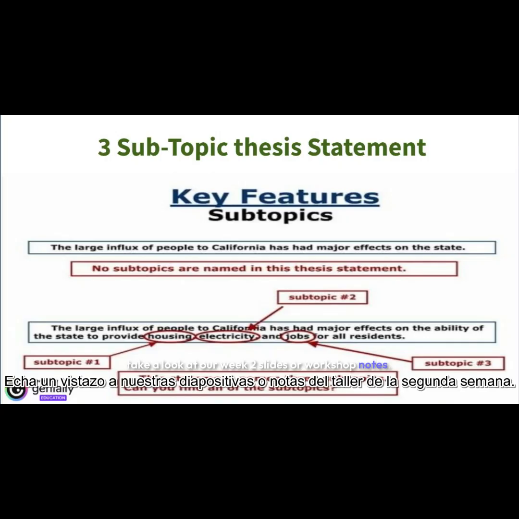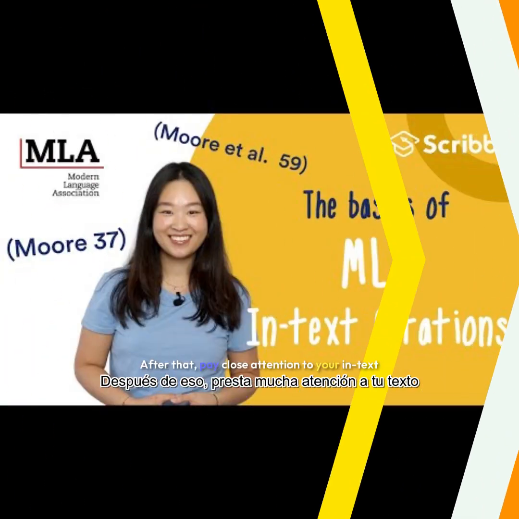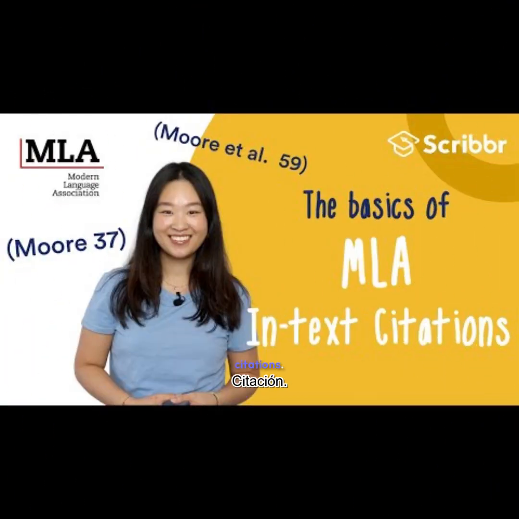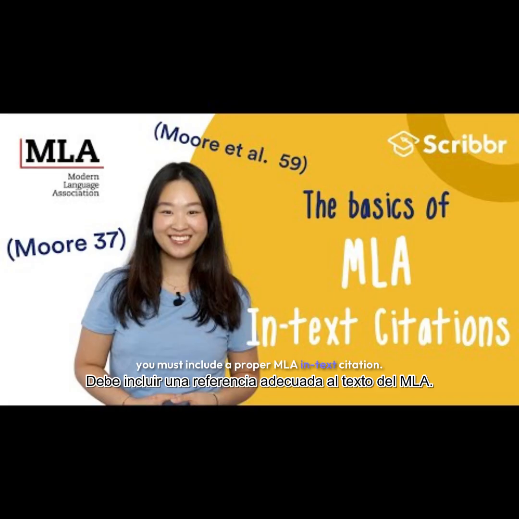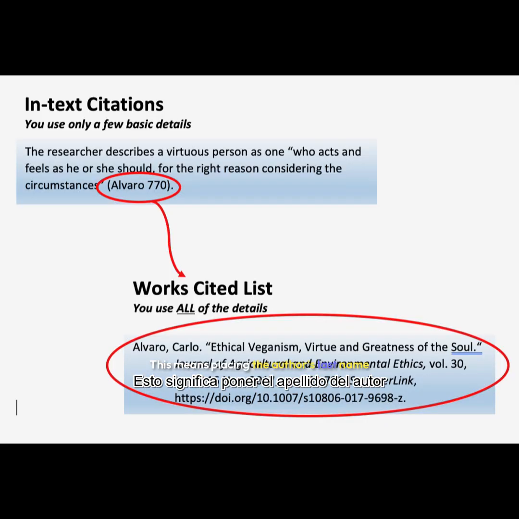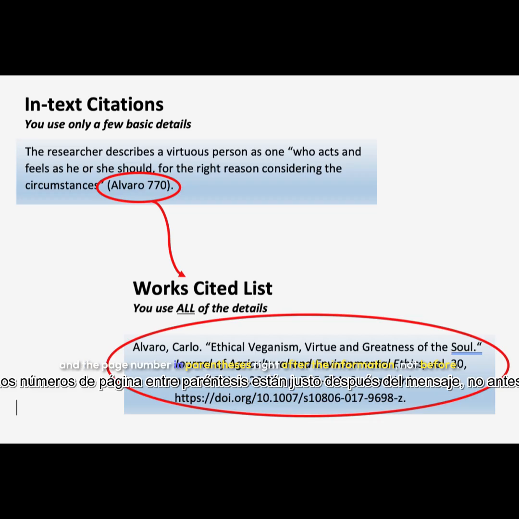or workshop notes. After that, pay close attention to your in-text citations. Every time you use facts, data, or direct quotes, you must include a proper MLA in-text citation. This means placing the author's last name and the page number in parentheses right after the information, not before.